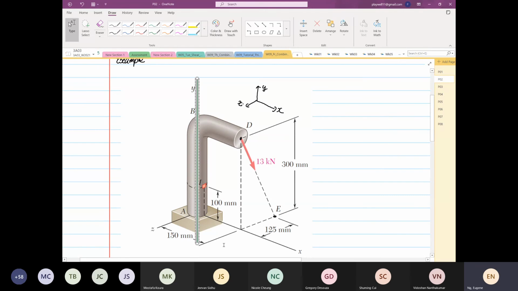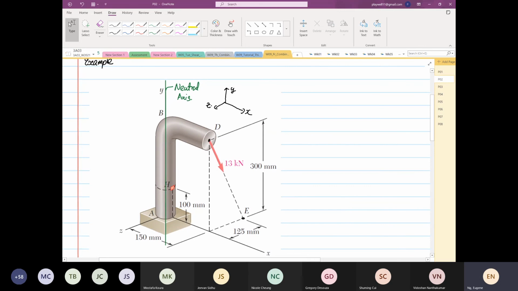So this is our neutral axis. This is just a sketch. Not all neutral axes are horizontal. For this case, it's a classical problem that I want you to see for yourself that the neutral axis can be on the vertical side. Now there are two forces that we have to find.